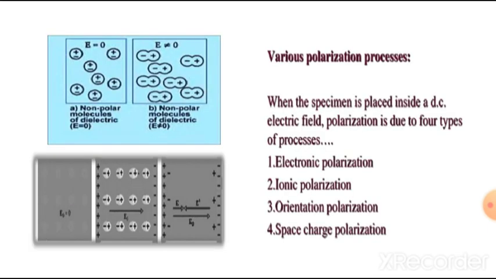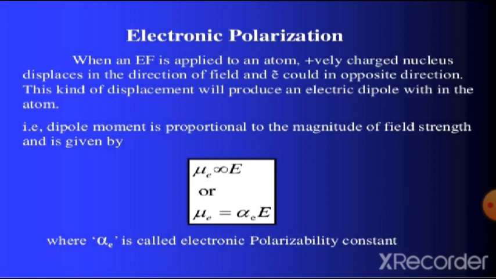There are various polarizations. Let us discuss electronic polarization, ionic, orientation polarization and space charge polarization. Electronic polarization: when an electric field is applied to an atom, the positively charged nucleus is displaced in the direction of the field and the electron cloud in the opposite direction.